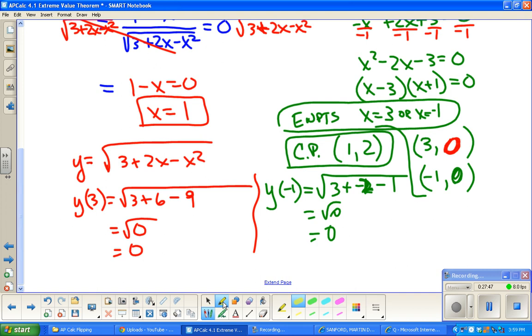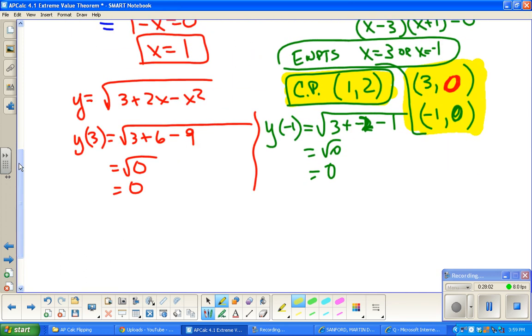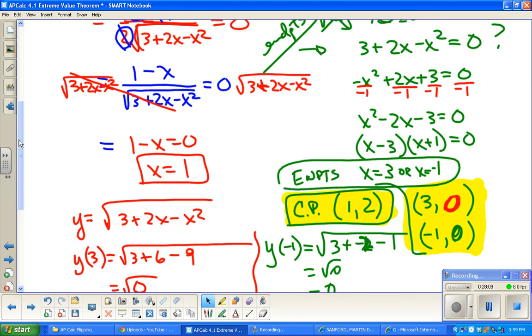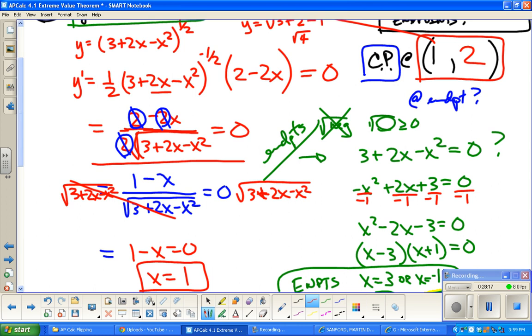Let's just recap what we've got going on here. Critical point at (1, 2). I have 2 endpoints. Maximums or minimums happen either at the critical points or at the endpoints. There is one other little issue that we need to address, and that is the derivative doesn't exist at any place that the denominator is 0.